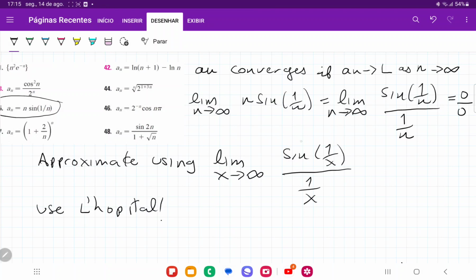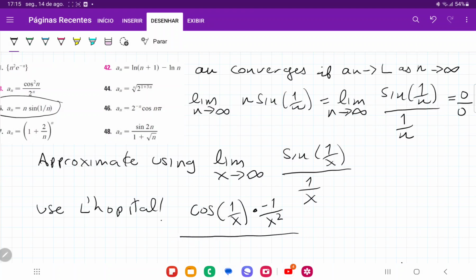To use L'Hopital, we're going to first differentiate the stuff on the top and then the stuff on the bottom. So the derivative of sine of 1 over x is going to be cosine of 1 over x times the derivative of the inside, which is negative 1 over x squared.